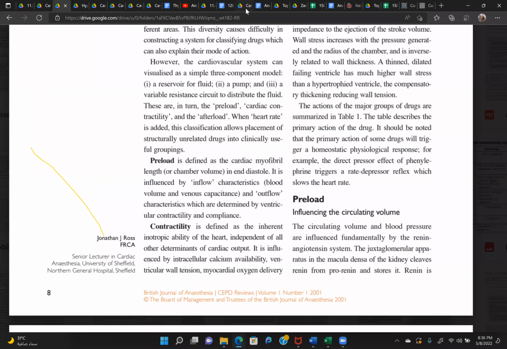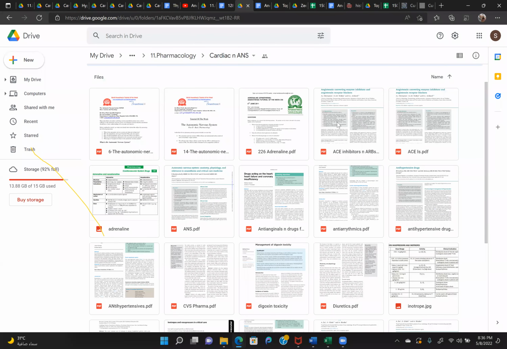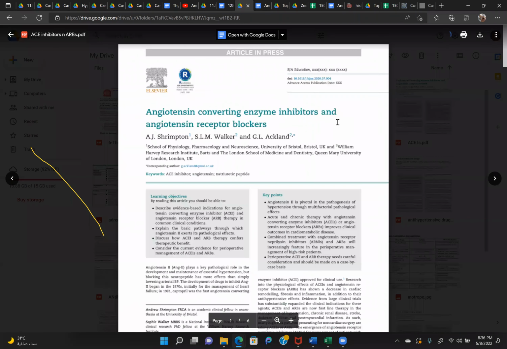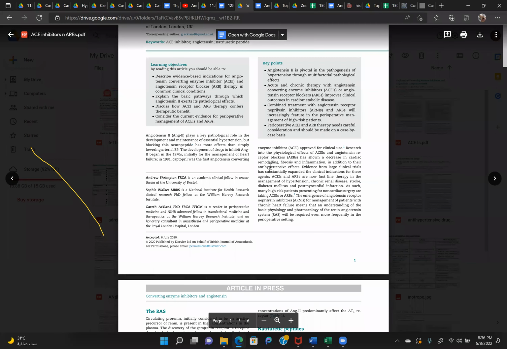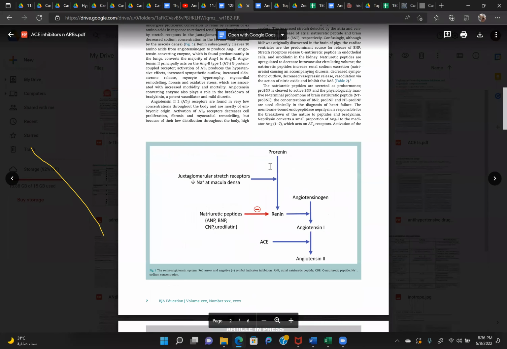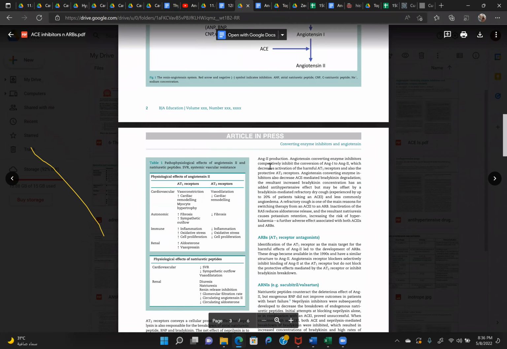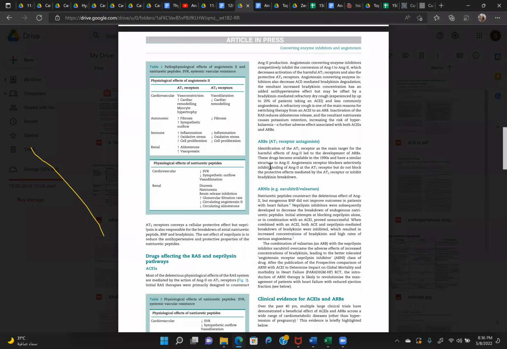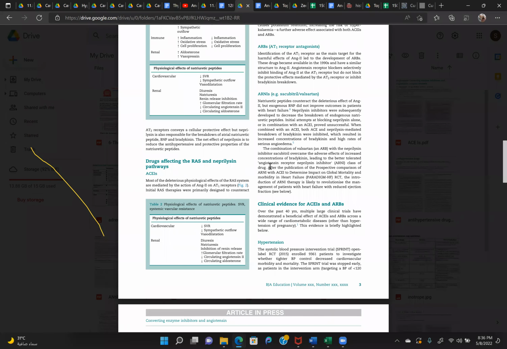Basically, they're enzyme inhibitors, and the other ones, the ARBs, angiotensin 2 is formed, but it cannot act on the angiotensin receptor. So the difference is just their mechanism.